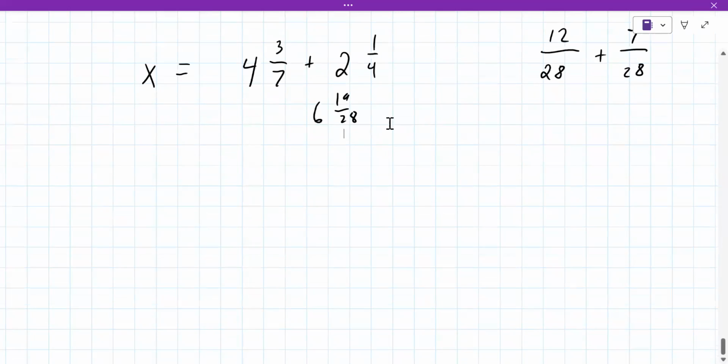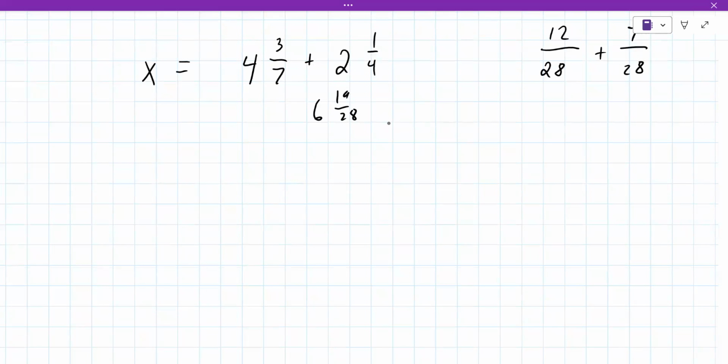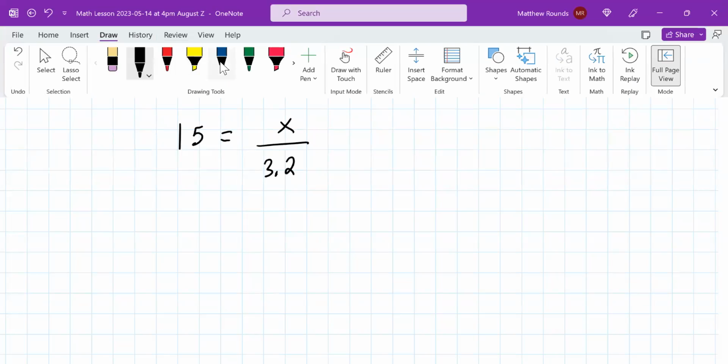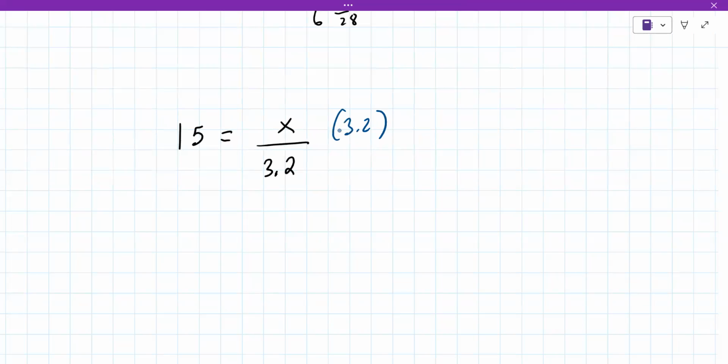All right, so here's another possibility. Let's say you have, and this is a new problem altogether, 15 equals x divided by 3.2. Okay, how do you undo division? With multiplication, so you'd multiply 15 by 3.2. That's right.